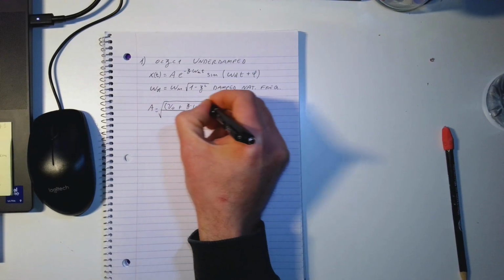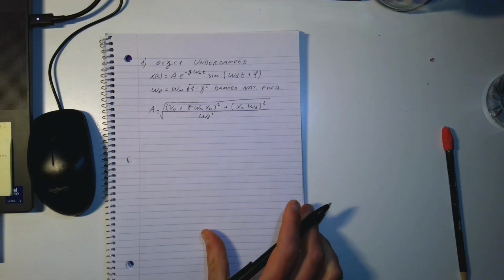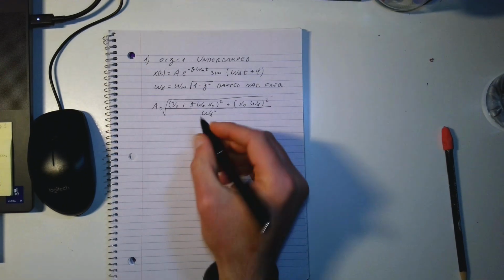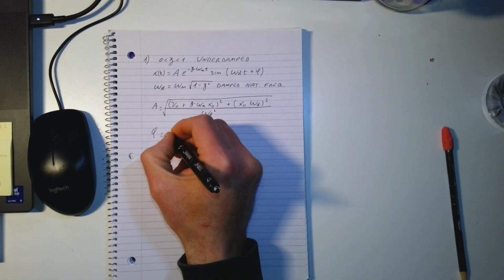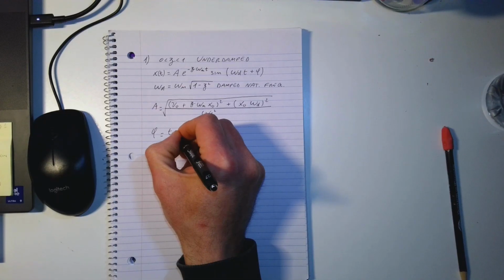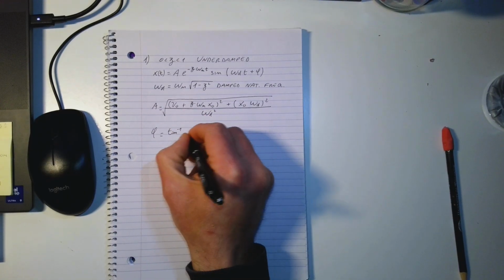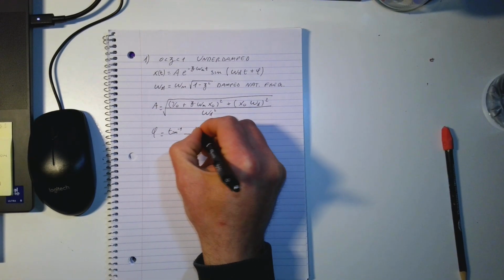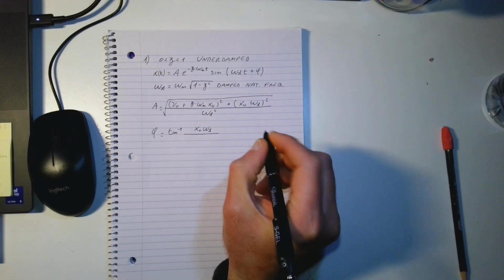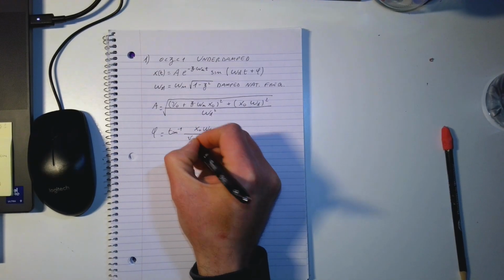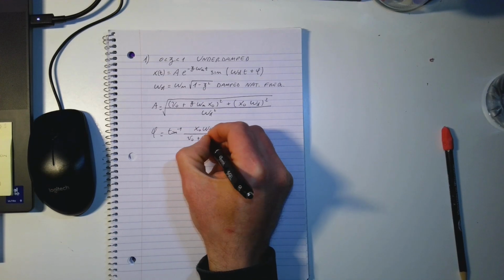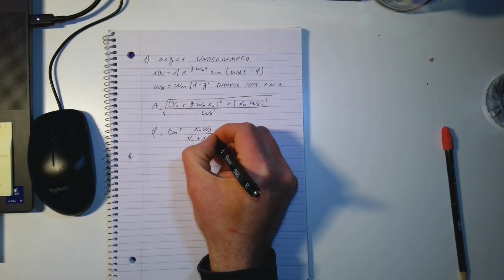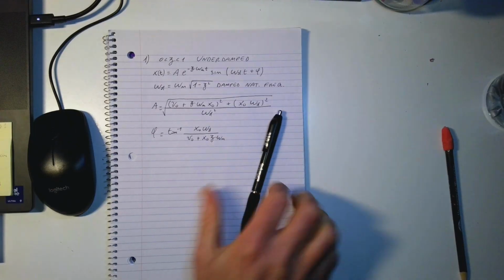If we look at the phase, we have the arctangent of x0 omega d divided by v0 plus x0 zeta omega n.